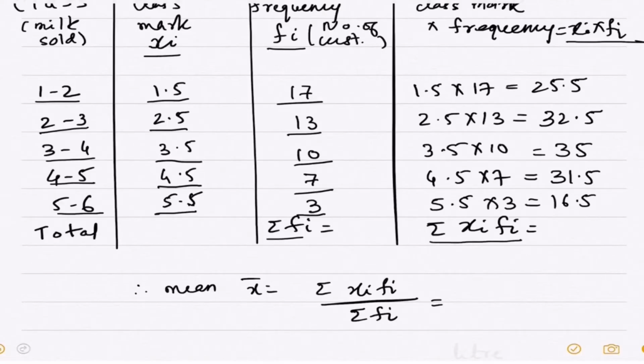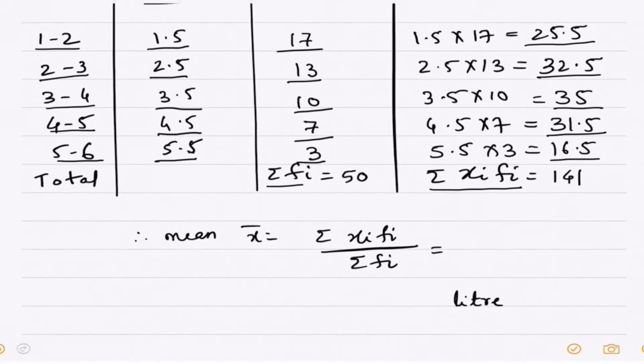So add the column values in column fi, that is 17 plus 13 plus 10 plus 7 plus 3, which gives us the answer for sum fi as again 50. And sum xi fi is 25.5 plus 32.5 plus 35 plus 31.5 plus 16.5, which gives us 141.